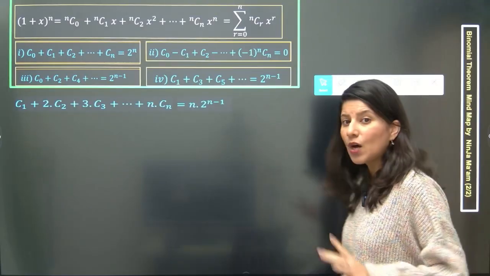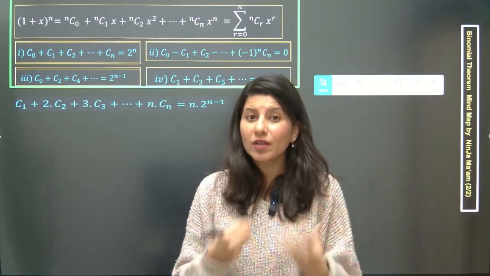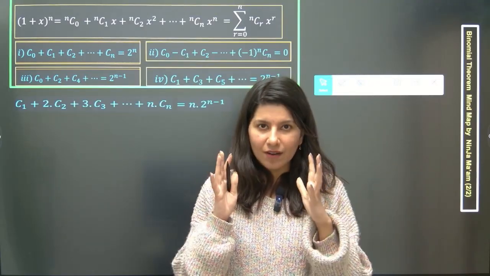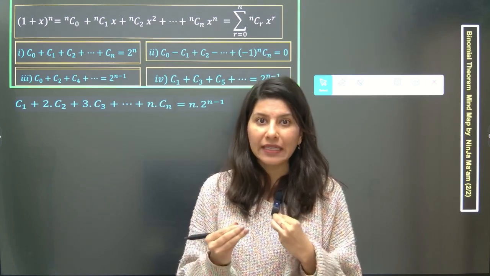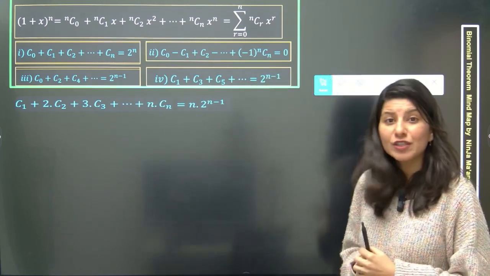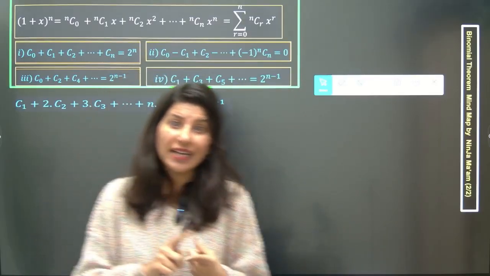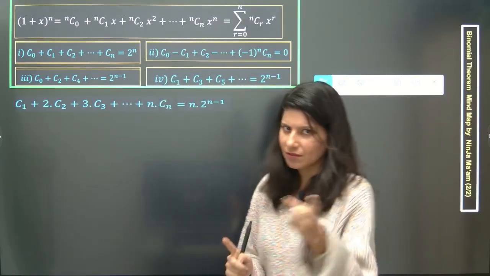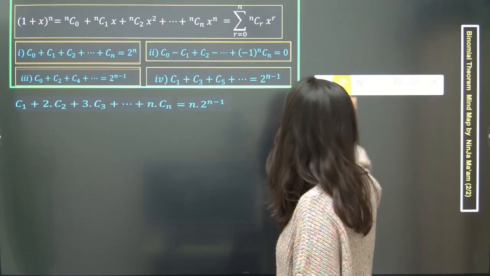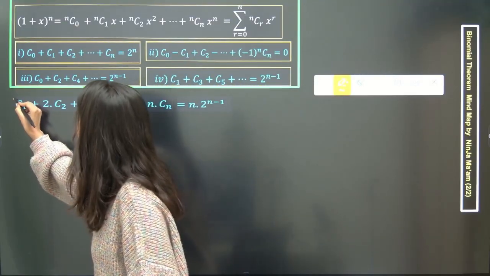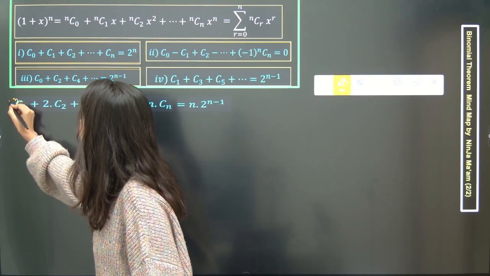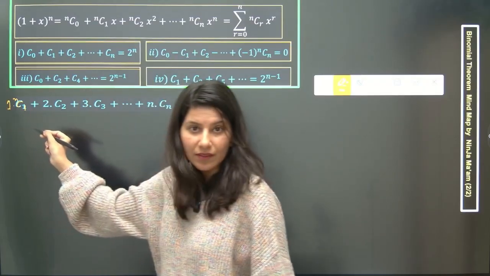All right. Now, some more series based formulas you have to keep in mind. This is something which is your arithmetic progression combined with binomial coefficient. Let me show you. Suppose over here, this is nC1, so this is actually 1 multiply nC1.